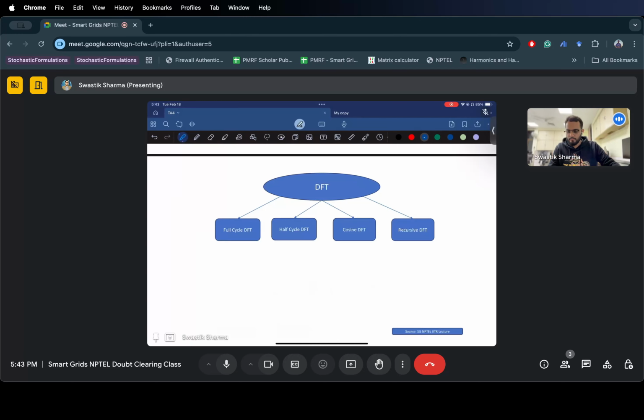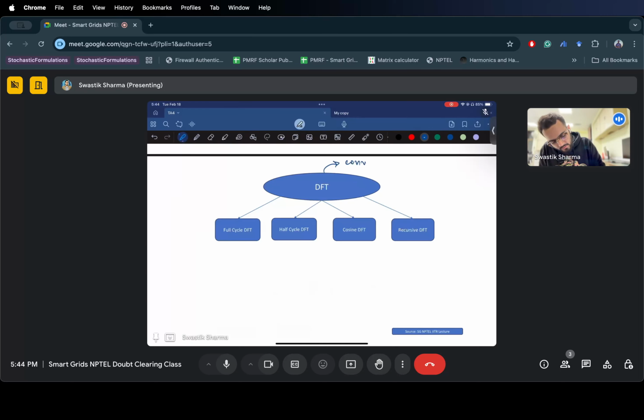So your waveforms are continuous time signals, right? So these are continuous in time, and you want to sample this in such a way that you can extract the 50 hertz component from this signal, right? So for that, you convert from time domain to frequency domain, and that is precisely what DFT does.